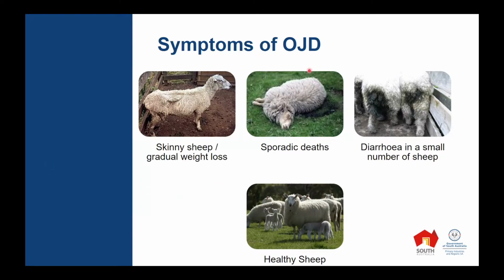Where you get very high excretion rates on pastures and a big load of bacteria, you can get sporadic deaths, particularly of young stock that ingest a really high infective dose of bacteria, but that is certainly not as common as the wasting away into adult life. And then diarrhea in a small proportion. Unlike bovine Johne's disease, ovine Johne's is not always associated with scouring and diarrhea.